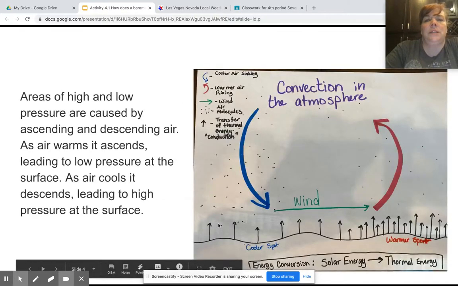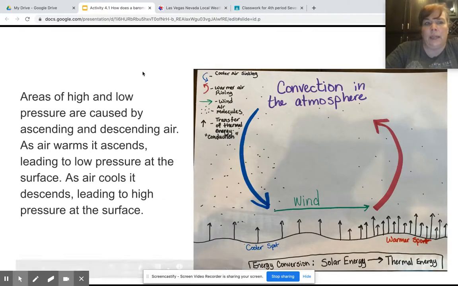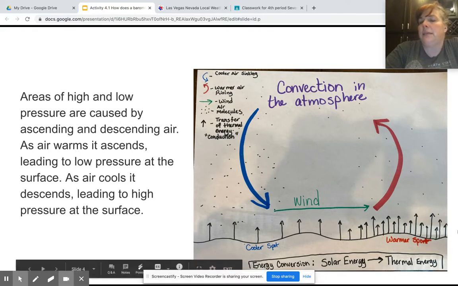All right, so we're bringing in our model again. Areas of high and low pressure are caused by ascending and descending air. So air that is rising and air that is falling. As the air warms, it ascends, so it goes up. This means that right here, there is less pressure pushing down onto the earth.